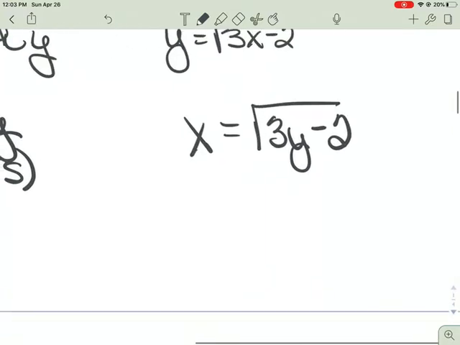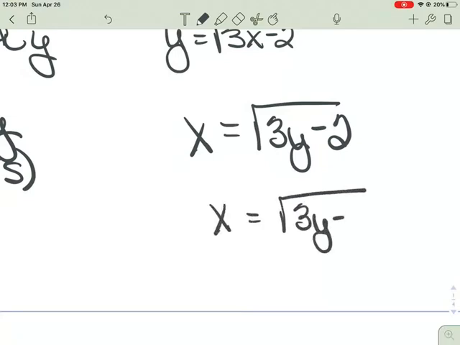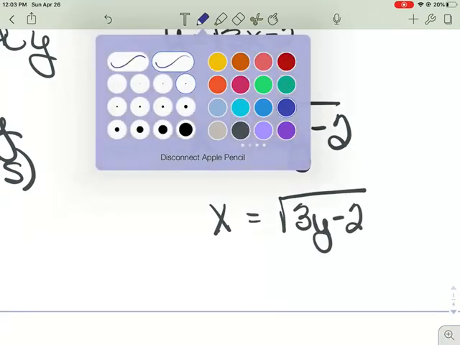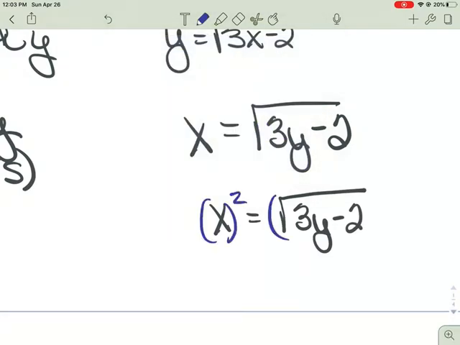Our third step is probably the hardest part, which would be solve for y. This is where what we did the other day when we solved radical equations comes in. We have to get rid of the radical, so we're going to square both sides of the equation.